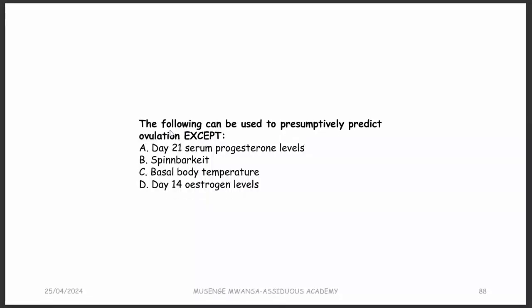So try to answer this. The following can be used to predict ovulation except day 21 serum progesterone, basal body temperature, day 14 estrogen. Which one can you pick? Which one is the exception? Or you have already forgotten?